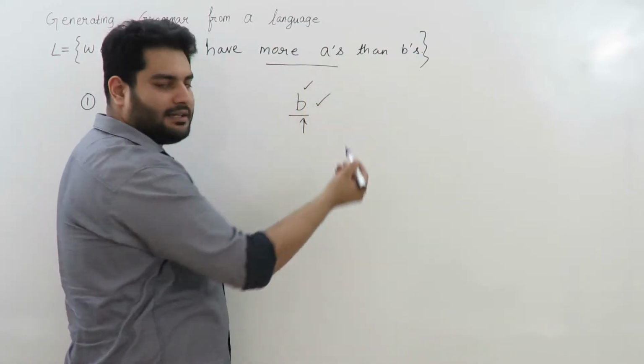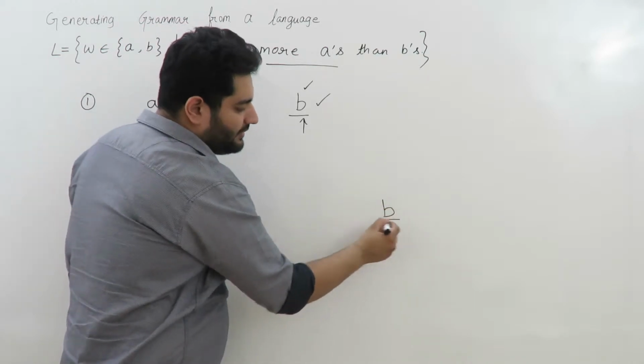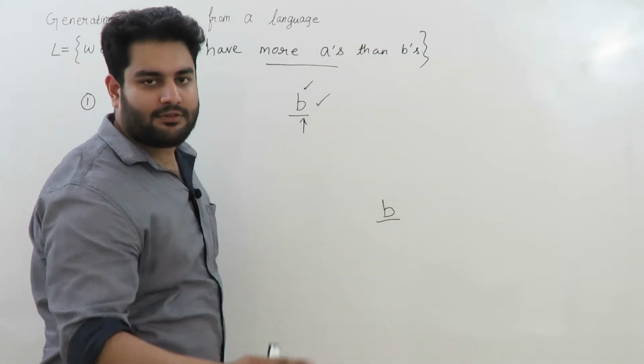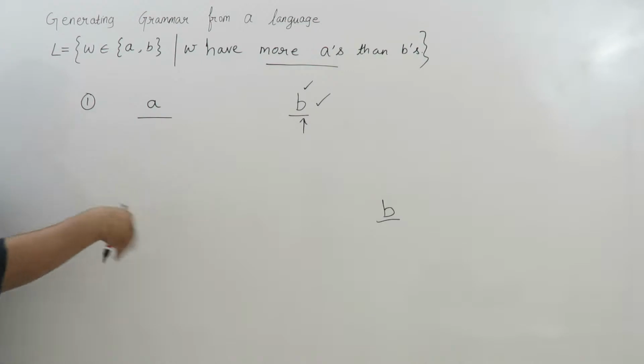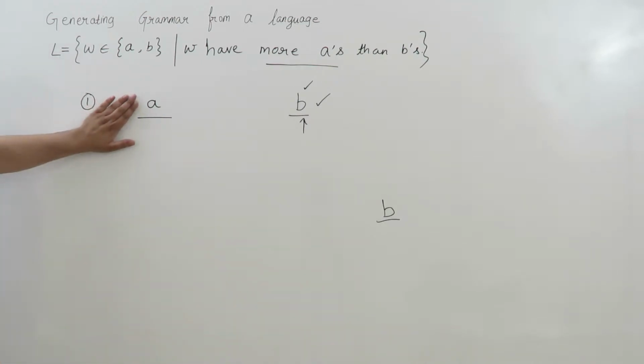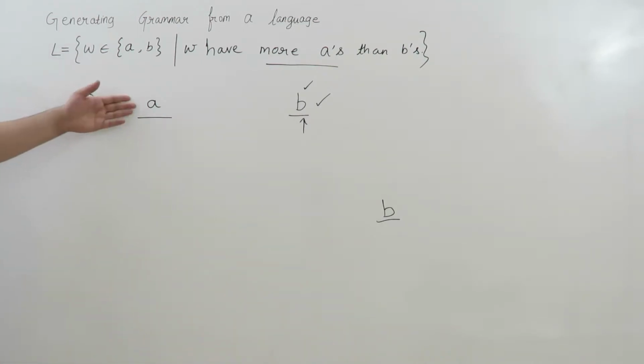Suppose we use terminal B for terminating, you will get one extra B which is not required. We require one extra A. Therefore we have to make the productions that will terminate the string with terminal A only.